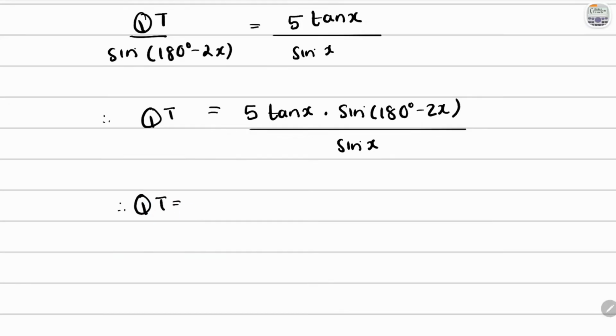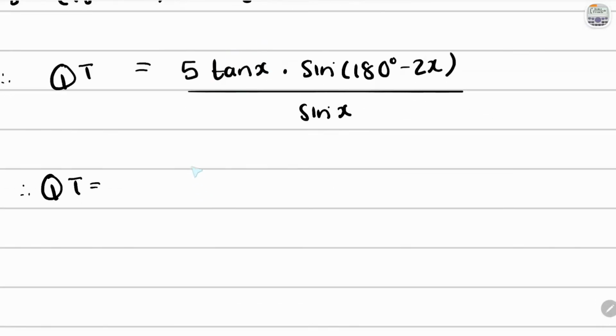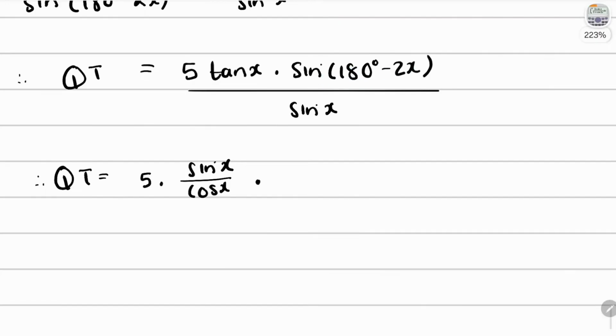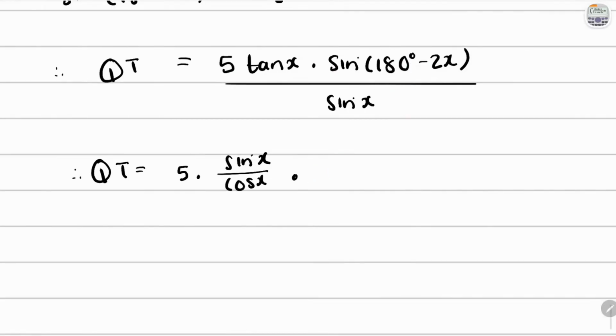QT is simply equal to, we can use the identity of tan x, so that's going to be 5 multiplied by sine x over cos x, and this is multiplied by, when we simplify that using the reduction, you see that it is in sine's quadrant, 180 degrees minus an angle. Okay, so this will reduce to sine of that angle, 2x, and this goes all over sine x.